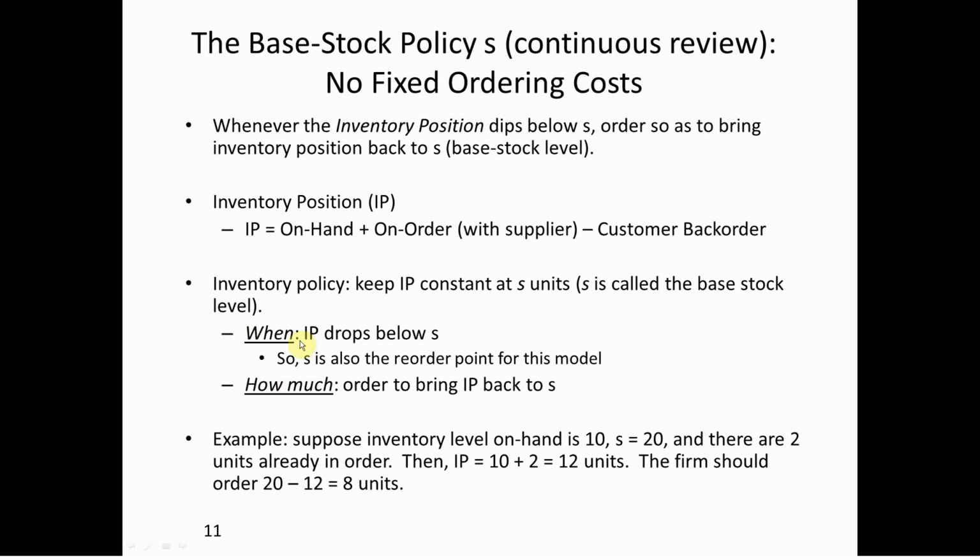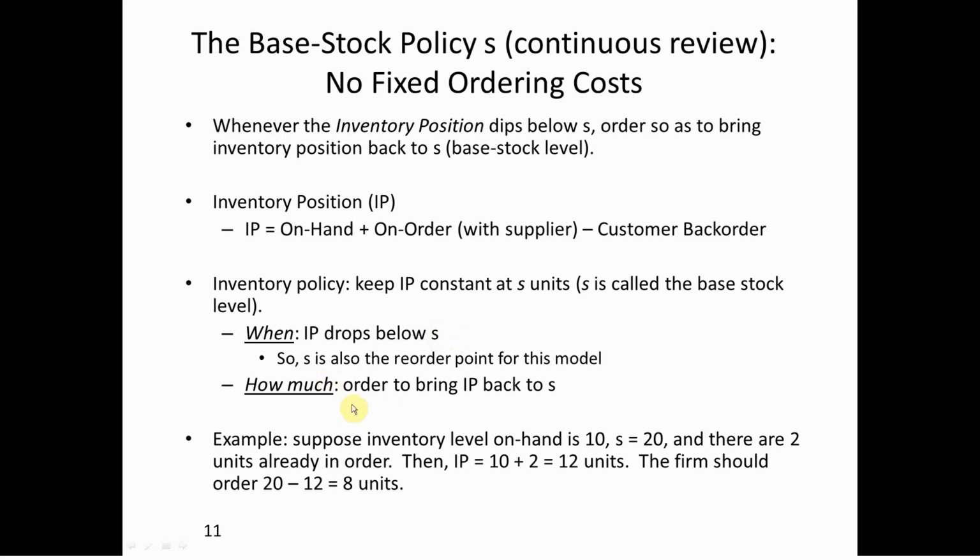So again, the policy would be when our inventory position drops below S, it's time to order some more, enough to bring it up to S. So when we look at our inventory position, which is the on hand plus on order minus the back order, if that drops below our calculated base stock level S, then it's time to reorder.